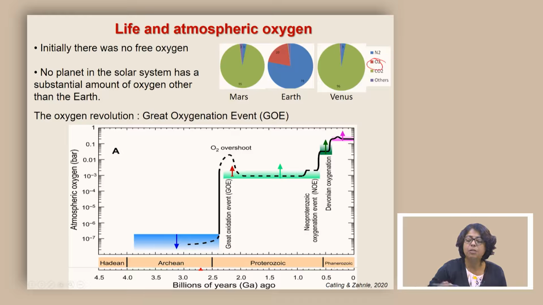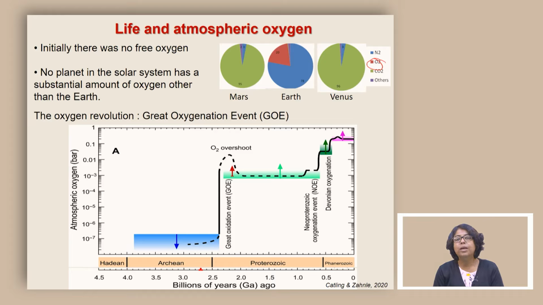The Earth has oxygen. This red part is an indicator of the oxygen, and if you search for that red part in Mars or Venus, you are not going to find any, which shows that Earth has something quite distinct about the oxygen concentration.